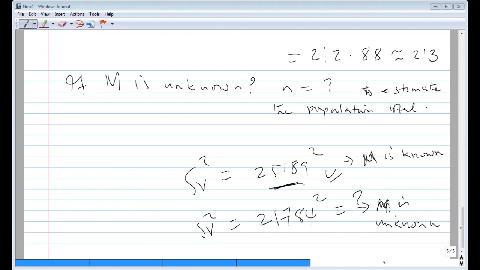Okay, let's go to that example 7.5 to guide us. Suppose the data in table 7.2 represent the preliminary sample of income in the city.